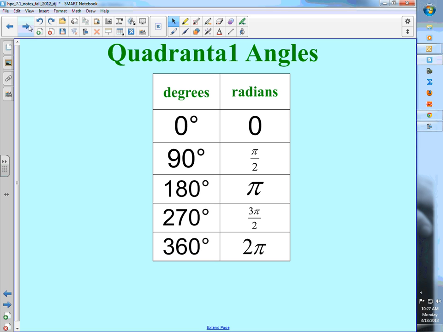And then with these five quadrantal angles, there are three other families that we work with in here. If you go on and take calculus in college, they're going to add probably two more families to this. But we're only going to do three.